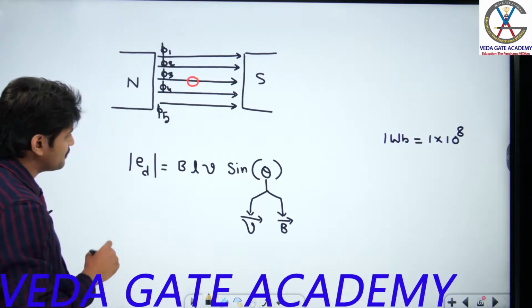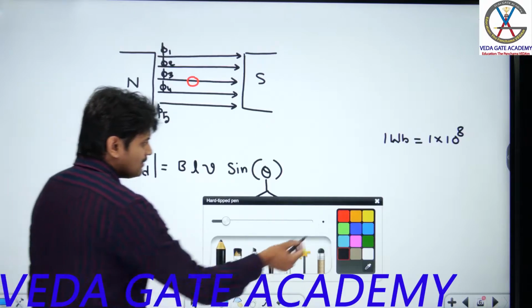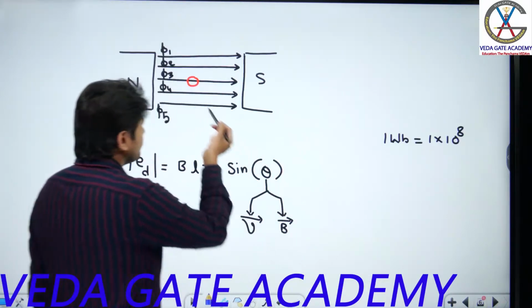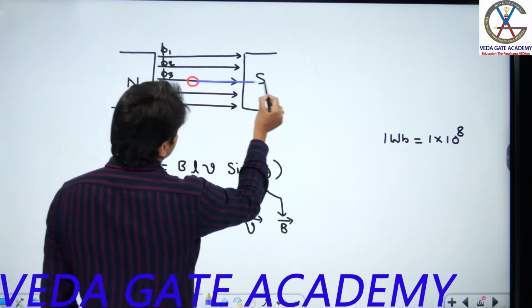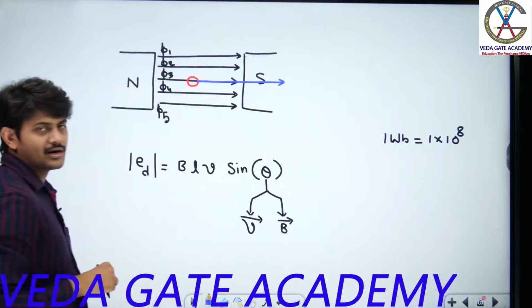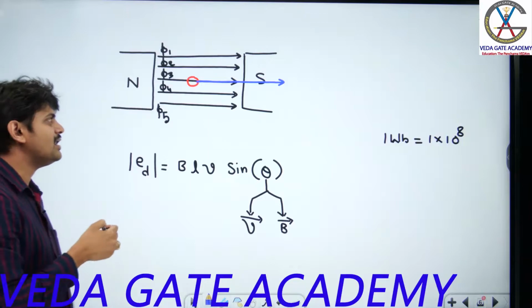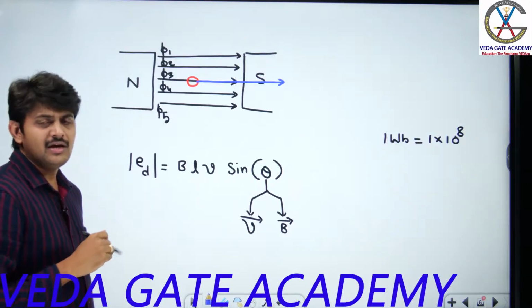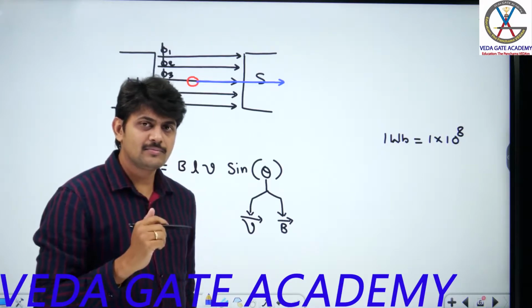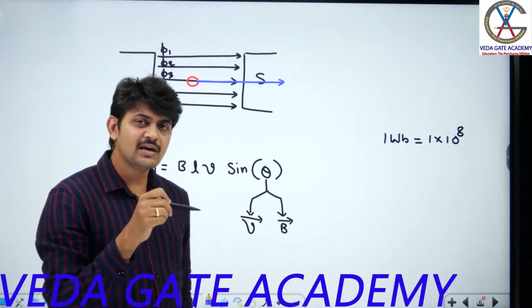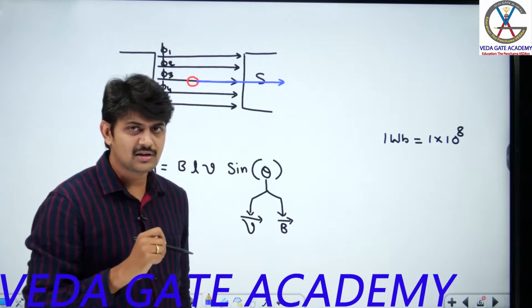Now, suppose I move this conductor somehow, in this direction. Will I get any EMF? Let us try to see. Here you need to understand, in order to produce EMF, do I require flux lines, linking of flux lines, or linking of change in flux lines?